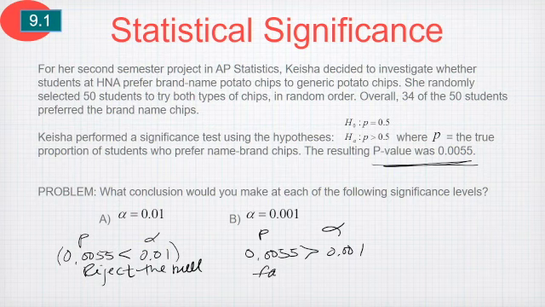We fail to reject the null. And of course, we have to put this in context. So we would say, since the p-value is greater than the alpha, and we state these numbers in parentheses, we fail to reject the null. There's not convincing evidence that the students at H&A prefer brand name chips.